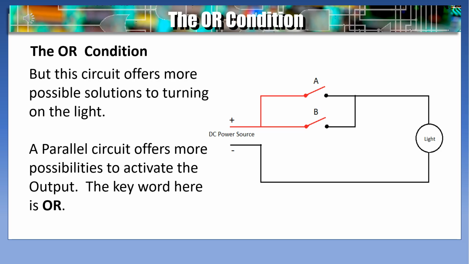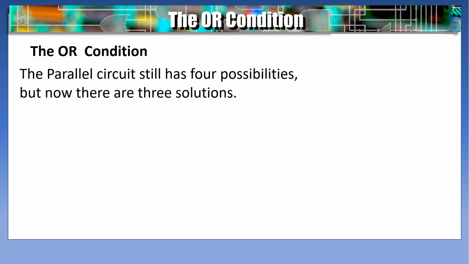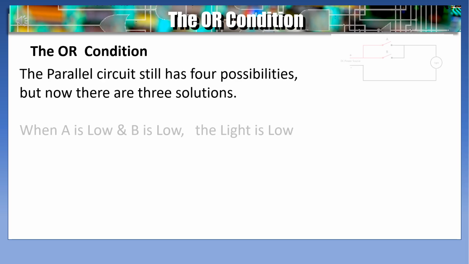A parallel circuit offers more possibilities to activate the output, and the key word here is OR. With two inputs, the parallel circuit condition has four possibilities, but now there are three solutions. When A is low and B is low, the light is low.